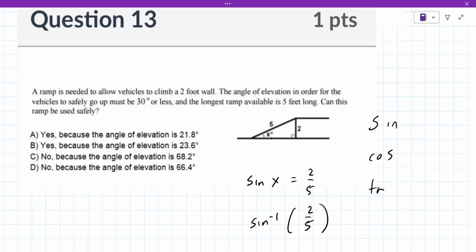Okay. 0.41. Wait, is your calculator in degrees or radians? Oh, okay, sorry. All right, degrees. Here we go. 23.57 degrees. So which answer would it be? B. It is B.